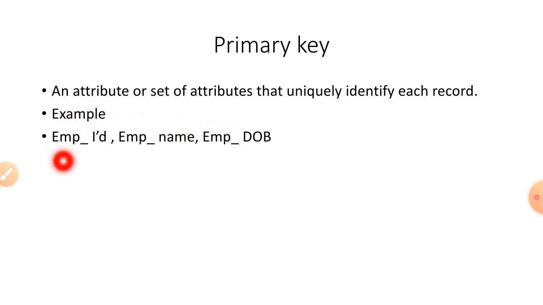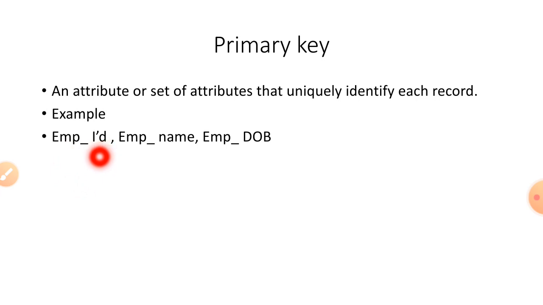So among these attributes, the employee ID number can be used as the unique identification of a table. We can apply the primary key to the attribute that can uniquely identify a relation. So here the primary key could be applied on employee ID.